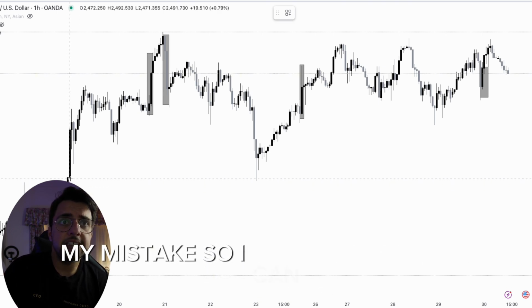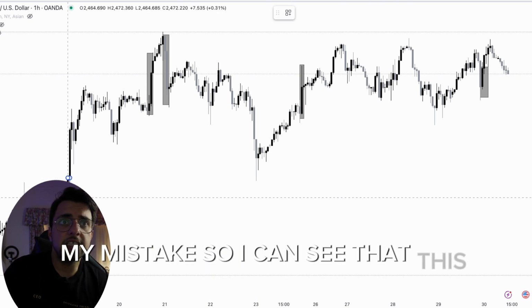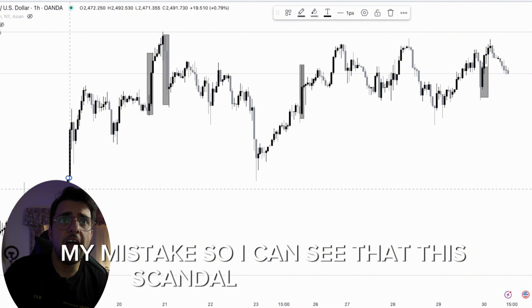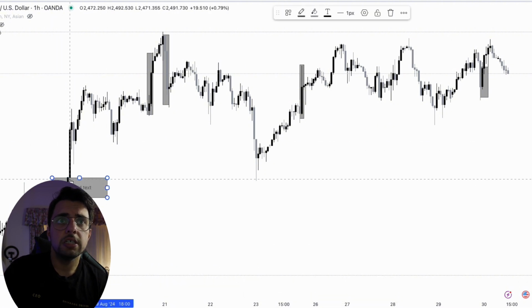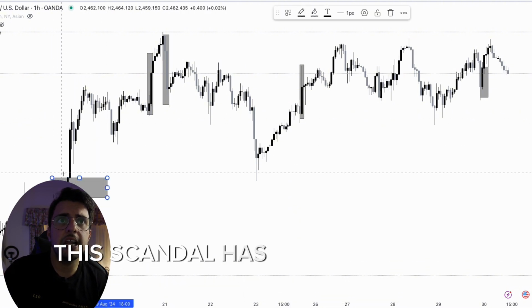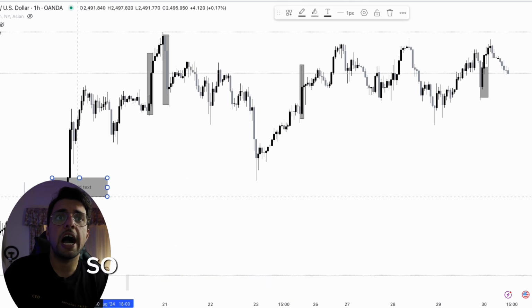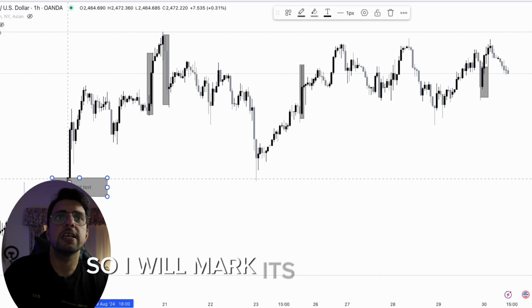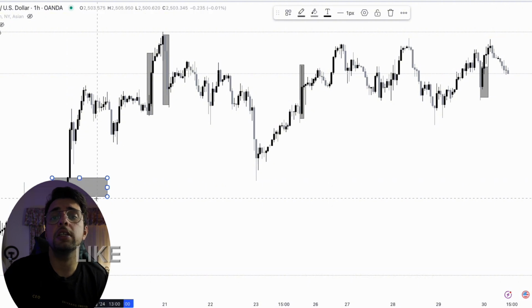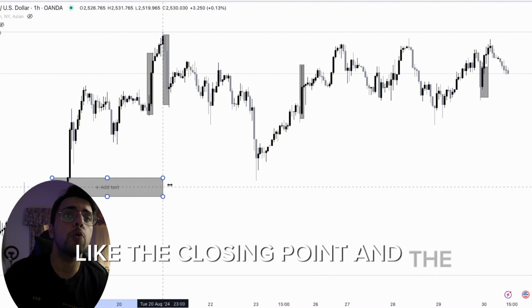So I can see that this candle has allowed this big movement. So I will mark its high, like the closing point and the opening point.